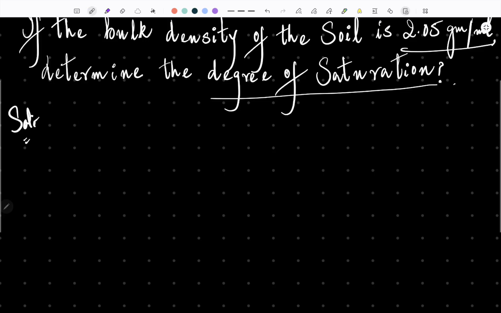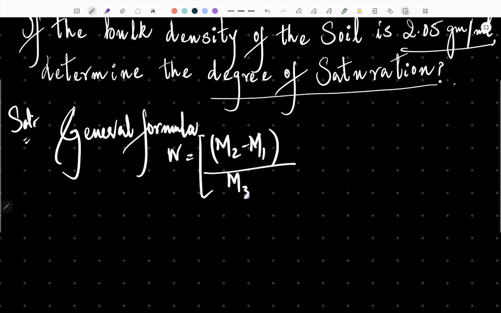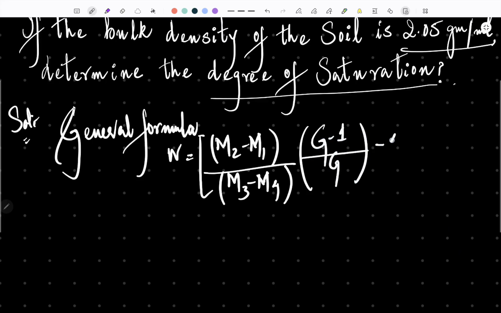The general formula by which we find the water content using the pycnometer is: water content is given by (M2 minus M1) divided by (M3 minus M4), multiplied by (G minus 1) divided by G, into 100.